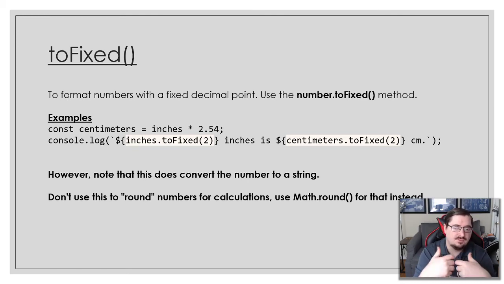So toFixed is for when you're giving the value back to the user, not when you want to do further calculations with it. Do note that, though, even if you round it using Math.round, it gives you a number rounded to wherever decimal places you want it to be.